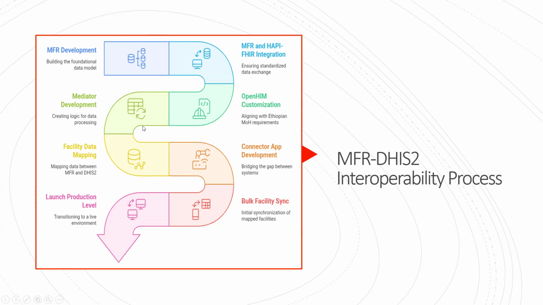With the OpenHIM customization, what comes next is mediator development. We developed a specific mediator that manages the transaction, translation, and mapping between master facility registry data and DHIS2. Then we had to come up with facility data mapping, because MFR has more than 50,000 facilities and DHIS2 has more than 40,000. We have to map each individual facility so they can be synchronized with each other.